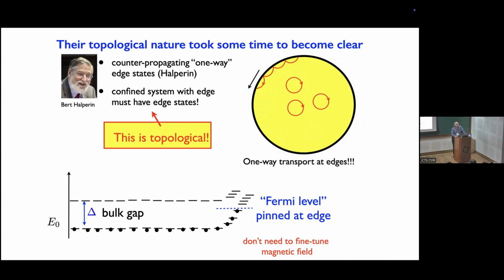And the one-way edge modes are the key feature of the topology of the quantum Hall effect. We should have recognized it right away. Initially, people spent a lot of time proving the quantum Hall effect would come from disorder, pinning things. But really, you don't need any disorder for the quantum Hall effect. You just need a container with edge states.